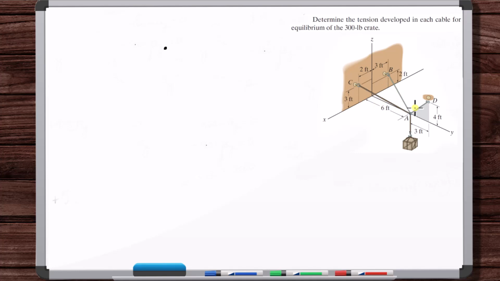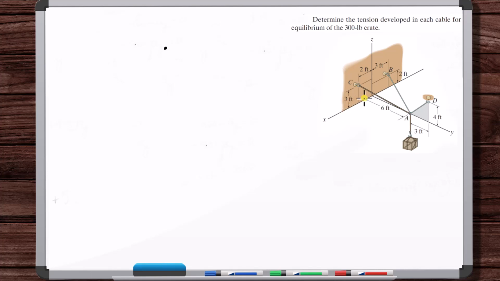See, these cables are attached to ground or to the wall. And then there's a piece that's connecting these 2 parts. That's the piece that you're going to do particle equilibrium on. So the line of action of all of the forces from the cables are meeting at this point. All right, so that's this point, where we're going to do our free body diagram.